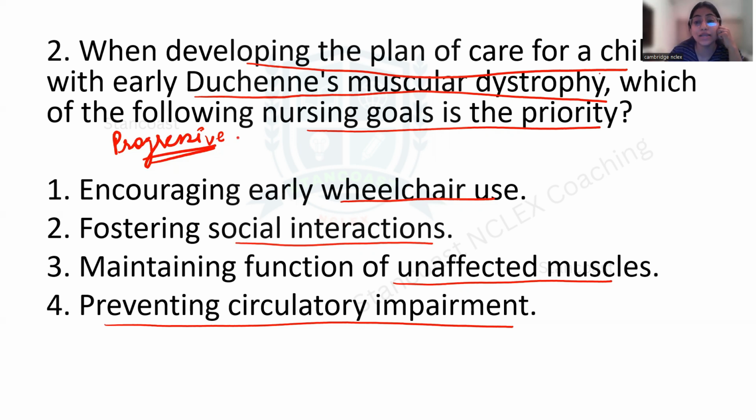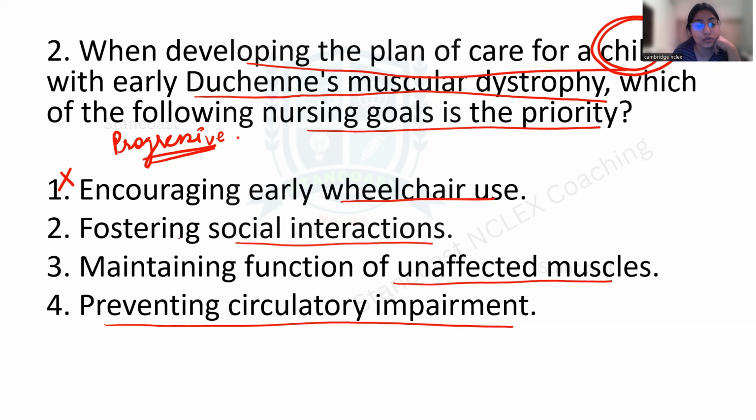The patient is a child, and we have to encourage the patient to walk by himself, to not use a wheelchair as early as possible. So encouraging early wheelchair use is not the prompt action. We have to discourage early wheelchair use.